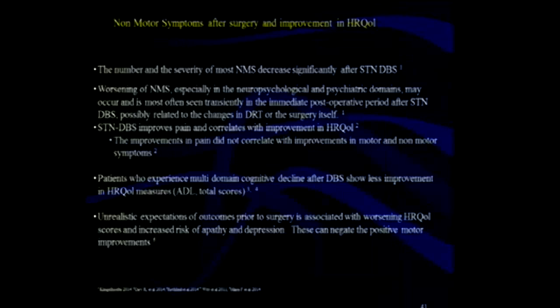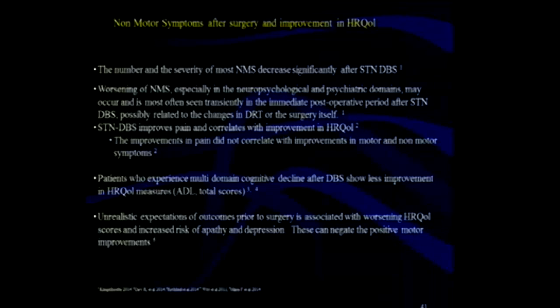And then they looked at the non-motor symptom questionnaire against each individual PDQ-39 domain and found that it correlated positively with outcomes in mobility, ADL, cognition, bodily discomfort, and then, of course, total score. So, at least in the short term, non-motor symptoms can be positively affected by STN-DBS, either directly or indirectly through medication reduction.